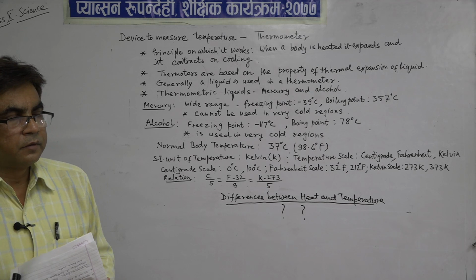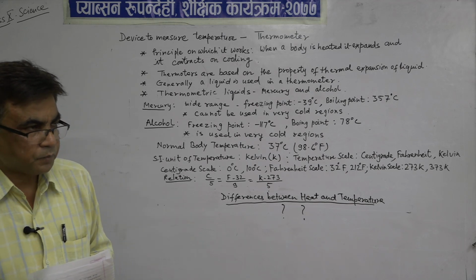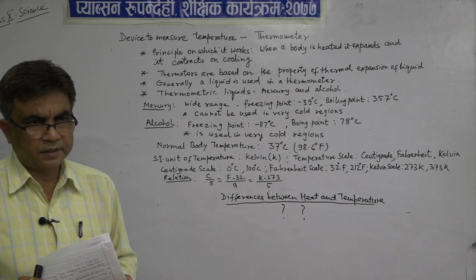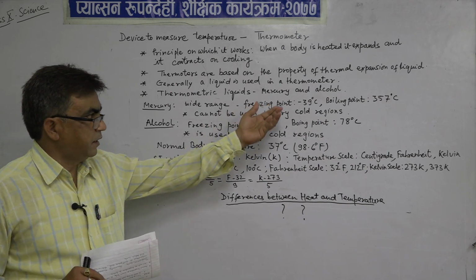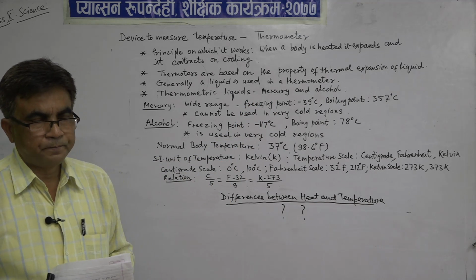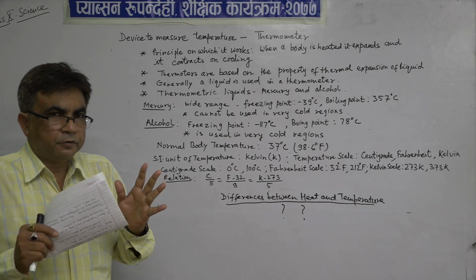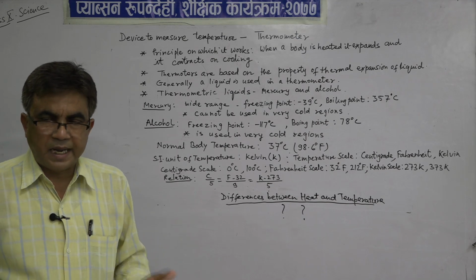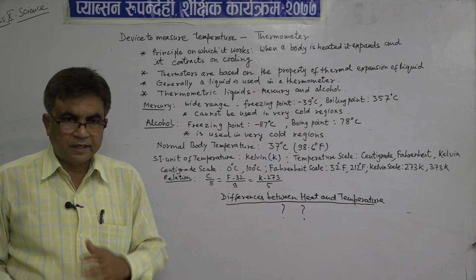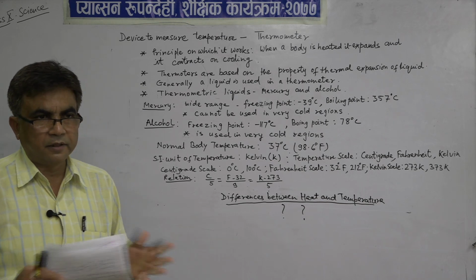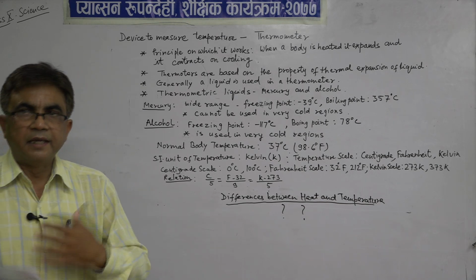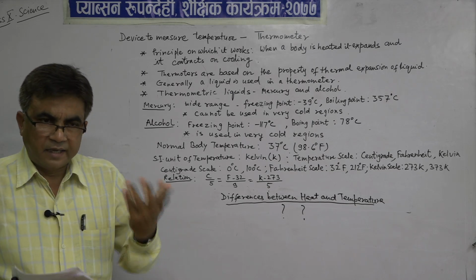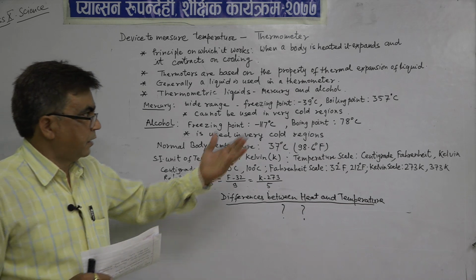In a liquid thermometer generally two types of liquids are used, either mercury or alcohol. You could be asked what are thermometric liquids. The simple answer: the liquids which are used in the thermometer are called thermometric liquids. Name the thermometric liquids: either mercury or alcohol.